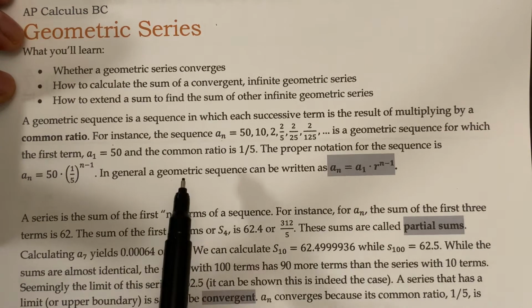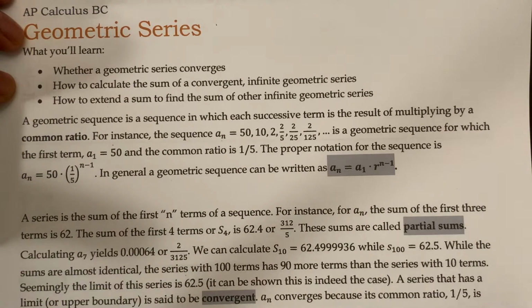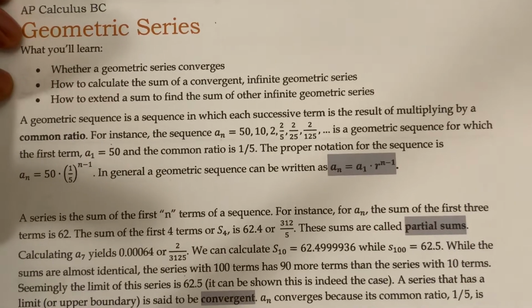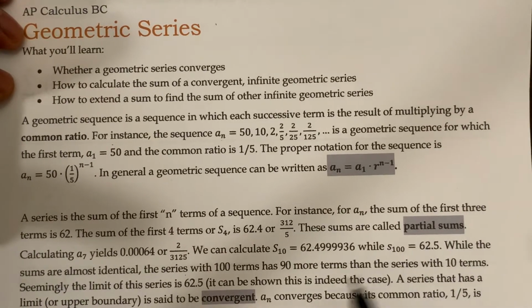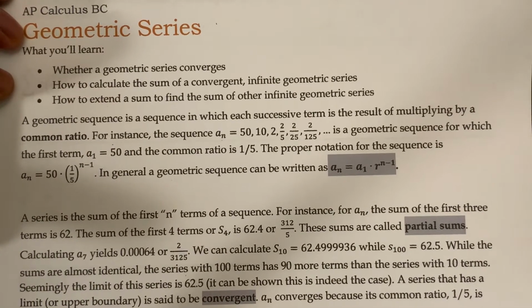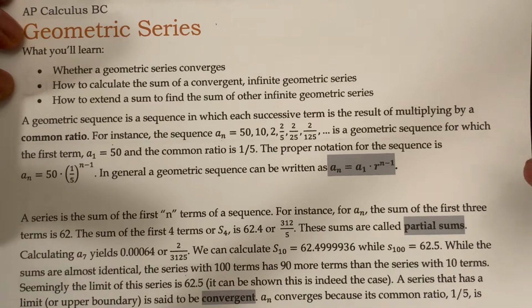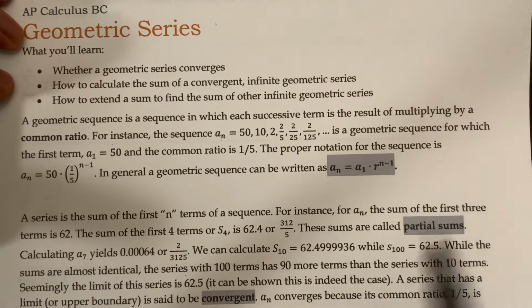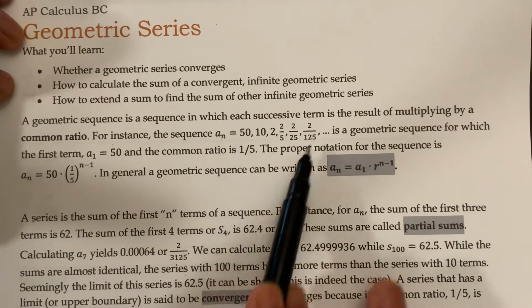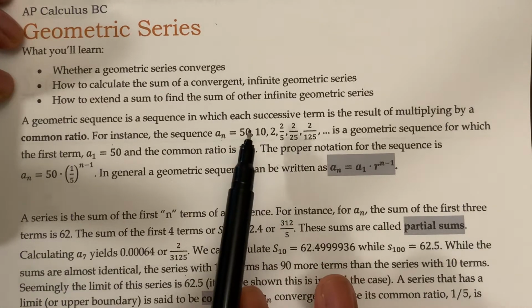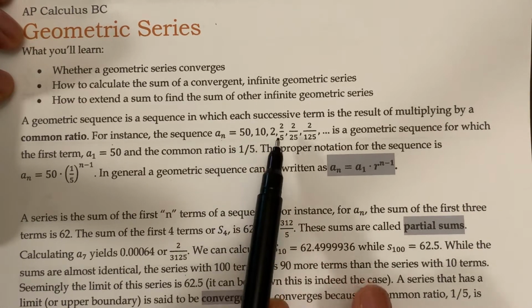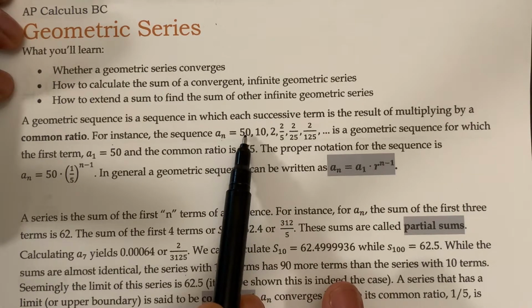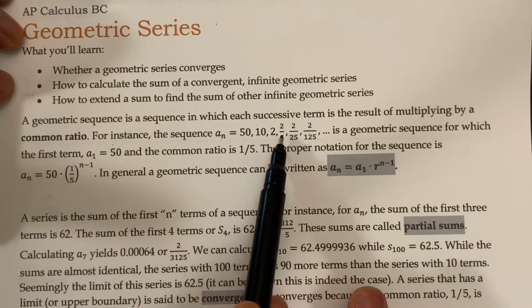If we were to add the terms of this sequence, then we are working with what we call a series. And a series is just a sum of the first however many terms of a sequence. So if we take this sequence and calculate S4, that means we would be adding 50, 10, 2, and 2/5.